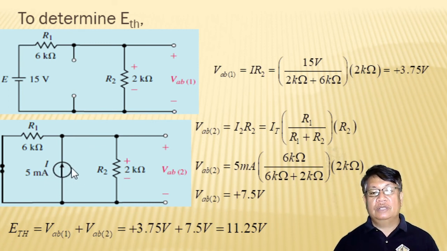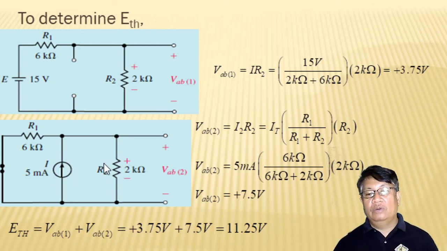Your current source here is 5 milliamperes. Then remove your voltage source. Again, to remove the voltage source, just replace it with a wire, so it will be short circuited.